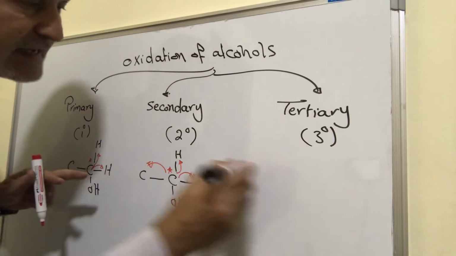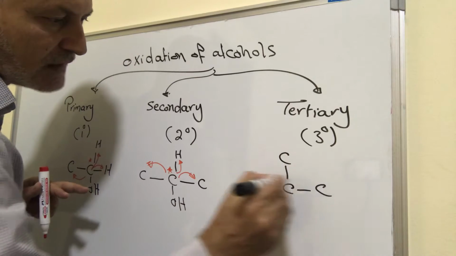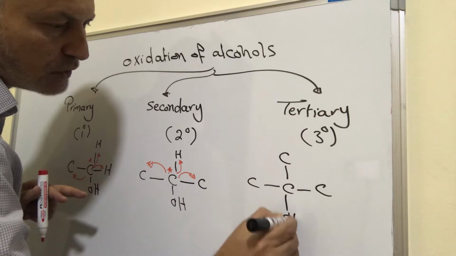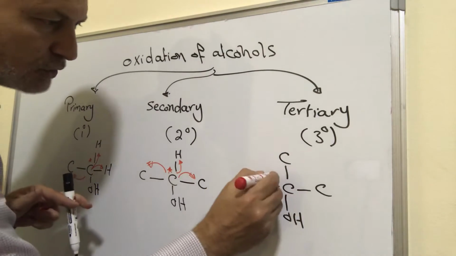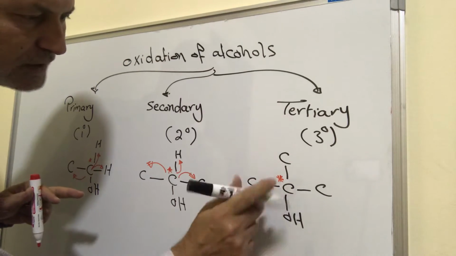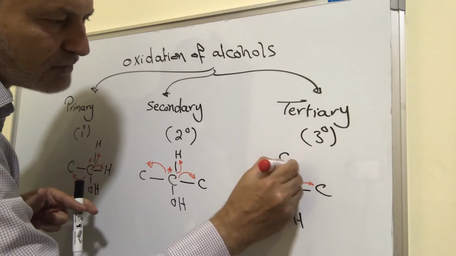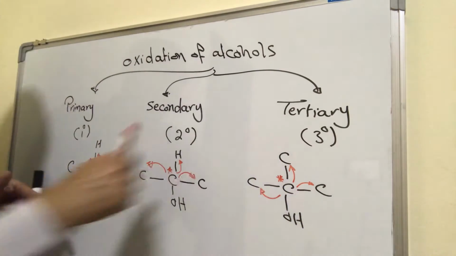While in the tertiary case, you will find 3 carbon atoms surrounding the alcoholic carbon which holds the OH. If you find in any alcohol that the carbon which holds OH is also bonded to 3 other carbons, then it is tertiary.